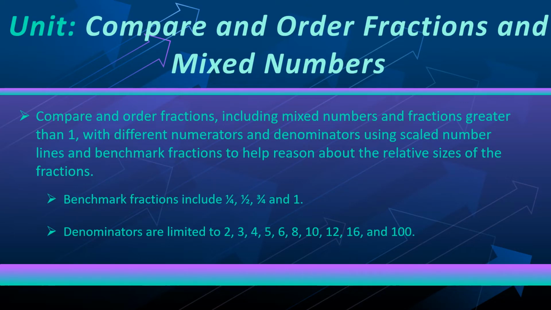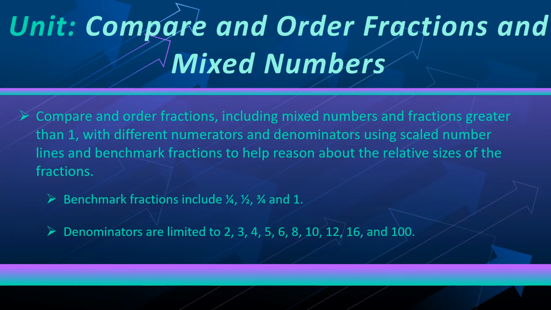In this 4th grade unit of comparing and ordering fractions and mixed numbers, these are the key ideas that are found in the parent letter. We will be comparing and ordering fractions that include mixed numbers and fractions greater than 1. They might have different numerators and denominators. We want to use appropriately scaled number lines and benchmark fractions.